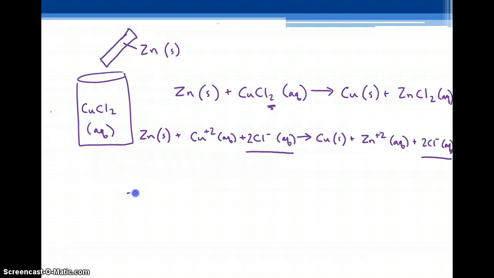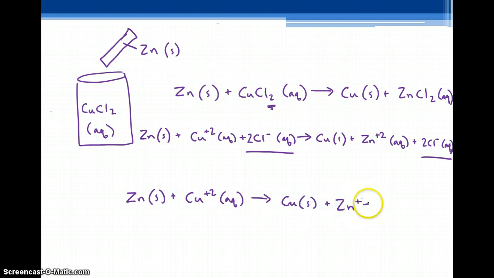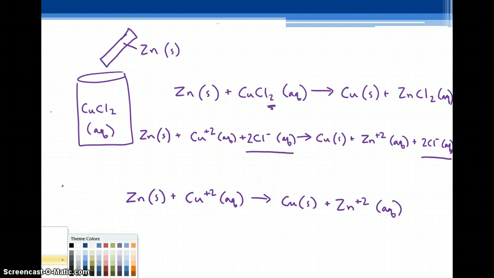So let's write the net ionic equation. Okay. There's our net ionic equation, and we need to take a closer look at a few of these substances here.